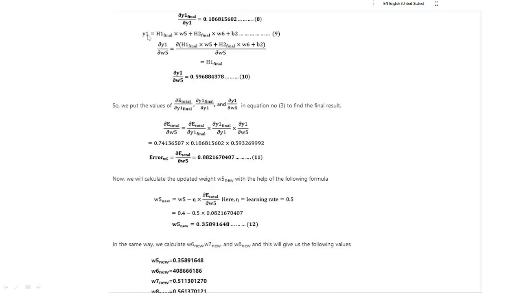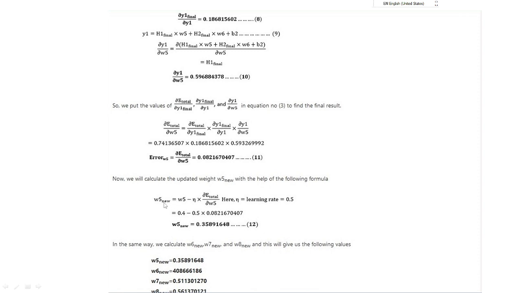Then how do you express y1? y1 is h1_final multiplied by w5 plus b2. So I calculate all the derivatives and substitute them, and I will get ∂E_total/∂w5.